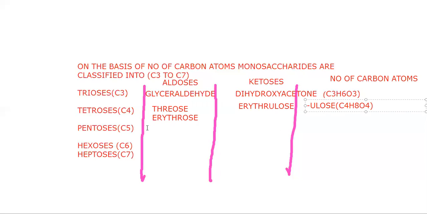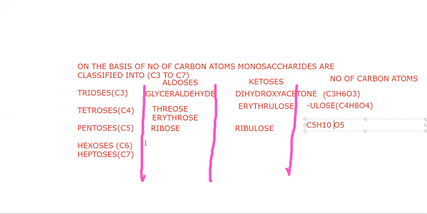And then the pentoses are there. One pentose is ribose, an aldopentose, and an example of a ketopentose is ribulose. Although there are many, I'll explain them separately in the monosaccharides. The formula is C5H10O5. So these are called aldopentose and ketopentose.